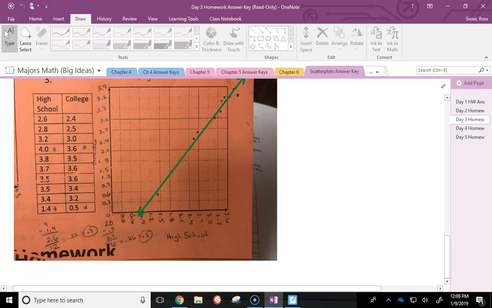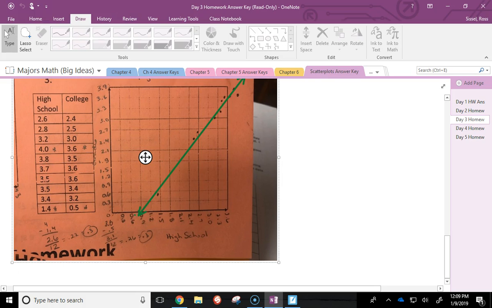If I'm looking at this one, I might say, I'm going to use this point right here, and I'm going to use this point right here. You write your 2 points down that are on your line. Identify the slope. That slope goes into your equation y equals mx plus b. Here, I'd have to estimate where I think my y-intercept is going to be. And that is your b.